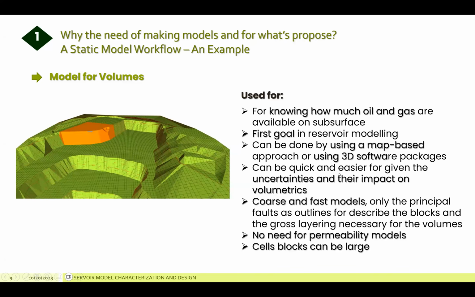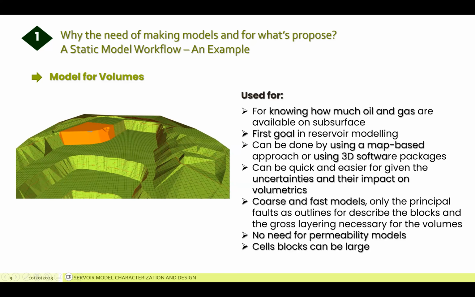This can be quick and easy for a given uncertainty, and their impact in volumetrics can be coarse and a fast model. You also don't need the permeabilities here, and permeabilities, you know, are a big issue when we are doing permeability models.